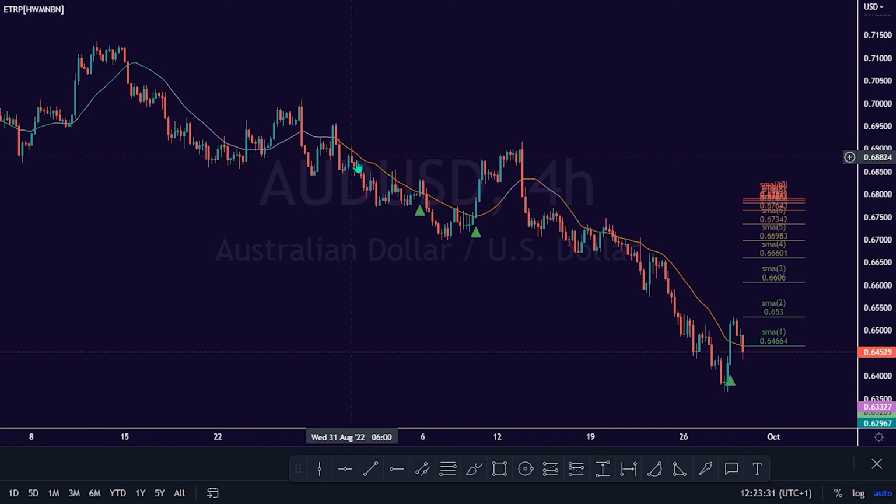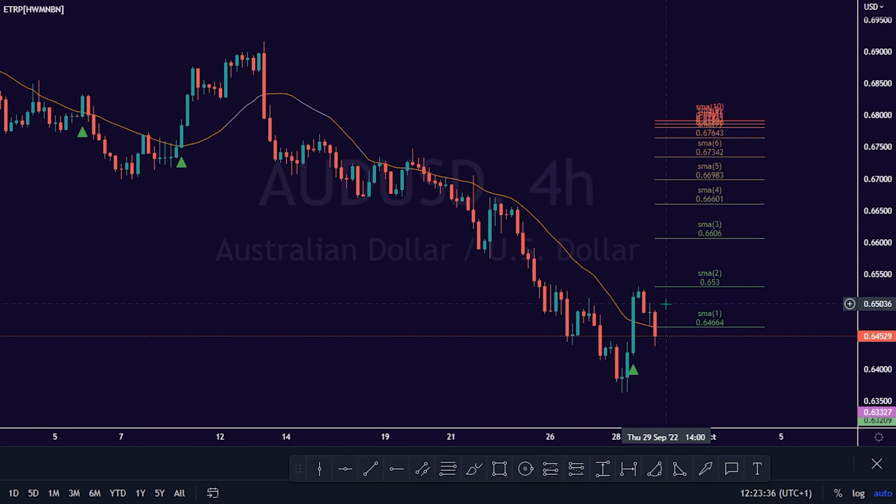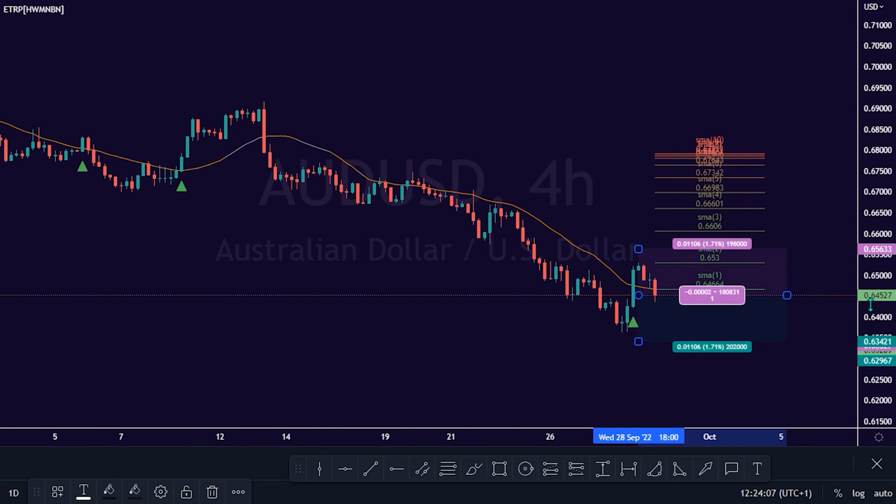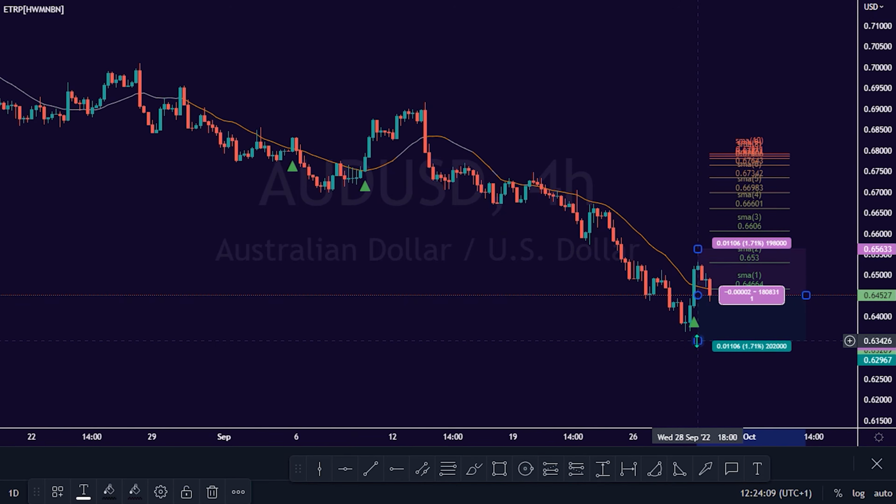As we can see on the 4-hour time frame of Australian dollar USD, the market was in a bearish trending market. After the price closed above the orange color, the MA line rejected the price downward. A bearish setup was formed. This is the right time to sell. Stop loss should be placed above the lower high swing in this bearish trend. Traders can target the next strong support level.